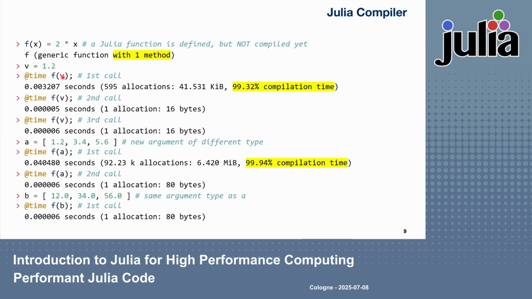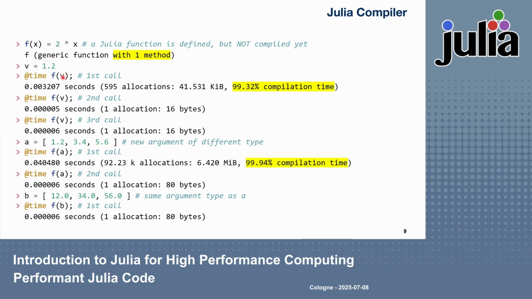Then you would like to measure the performance of this extremely simple and naive function. You can see the calculation is very fast, of course. It takes, let's say, 3 milliseconds. However, if you look at the details, the compilation time for this function takes 99% of the total time.